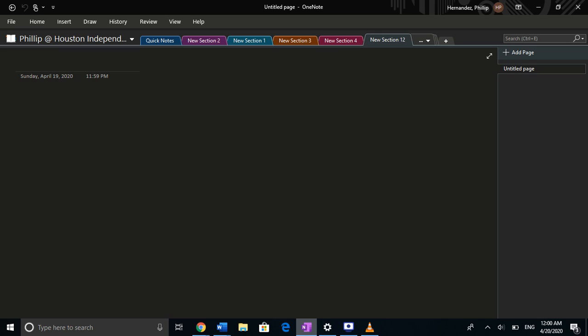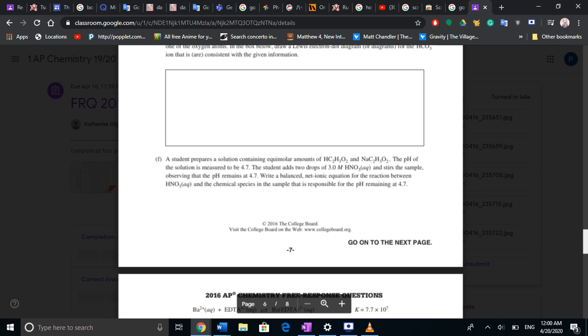Out of those two, HC2H3O2 and NaC2H3O2, I believe it is going to be HC2H3O2 that will be our acid. And I think since that one's an acid, it's going to cause the pH value of that solution to stay the same.